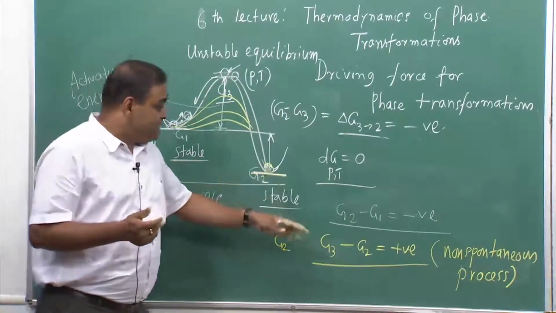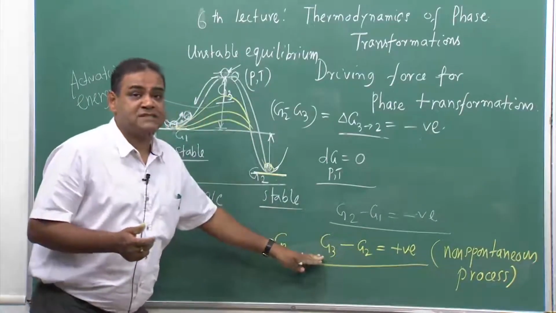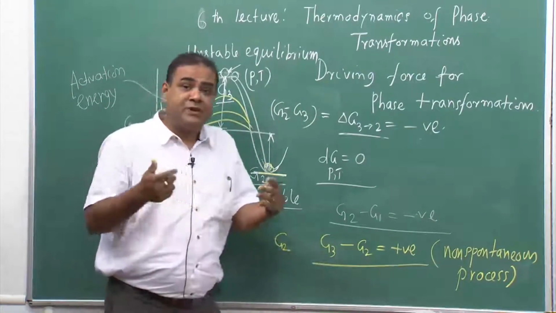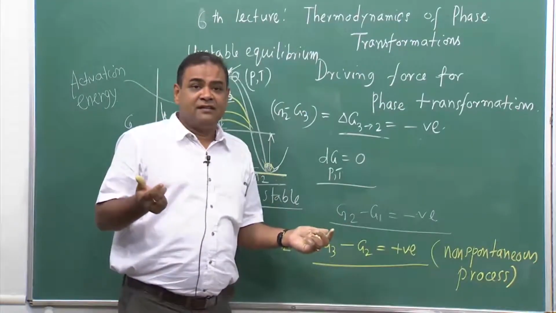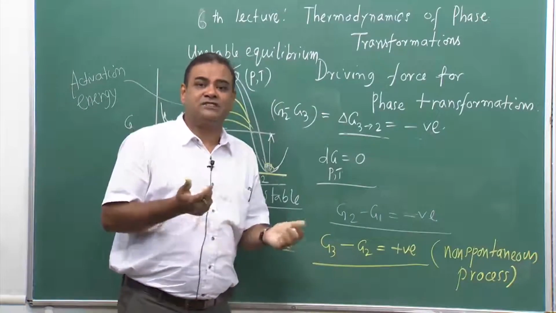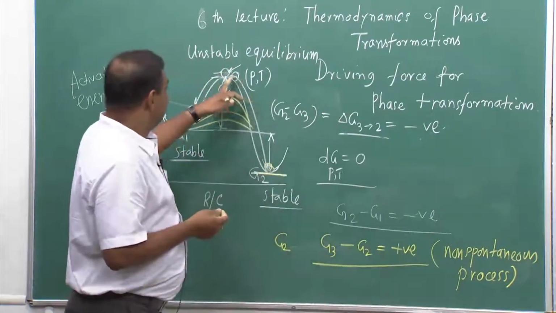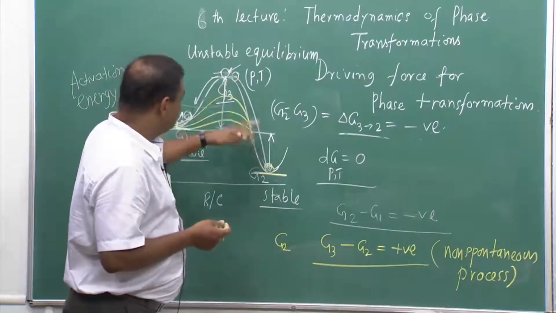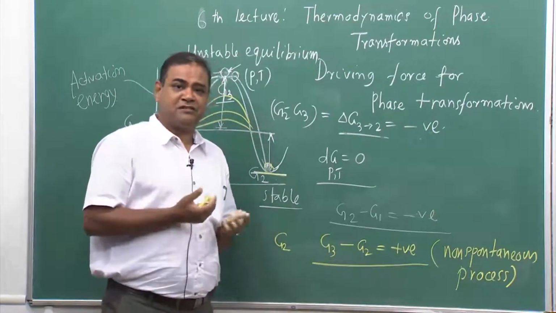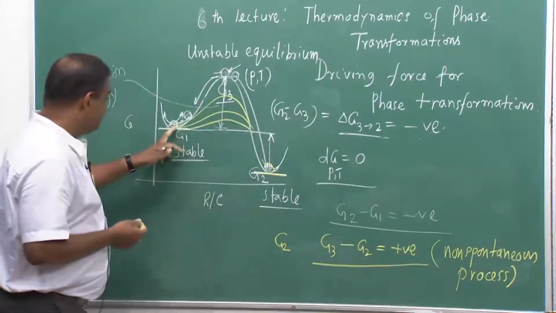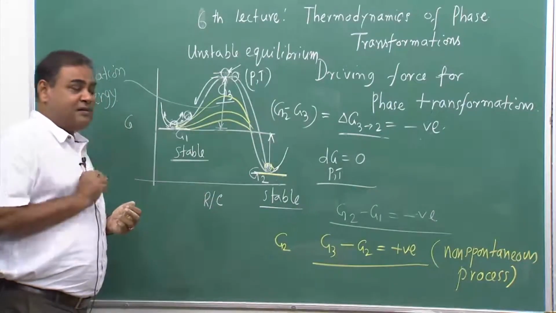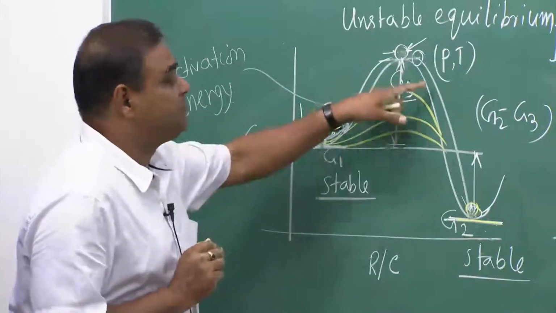So, if the free energy change is positive, that is a non-spontaneous process, and we can immediately say that this process is impossible on its own. But if we take this to this, then the process is possible and spontaneously possible. And if I try to see this to this, the process is possible with the caveat that it has to cross this particular barrier.